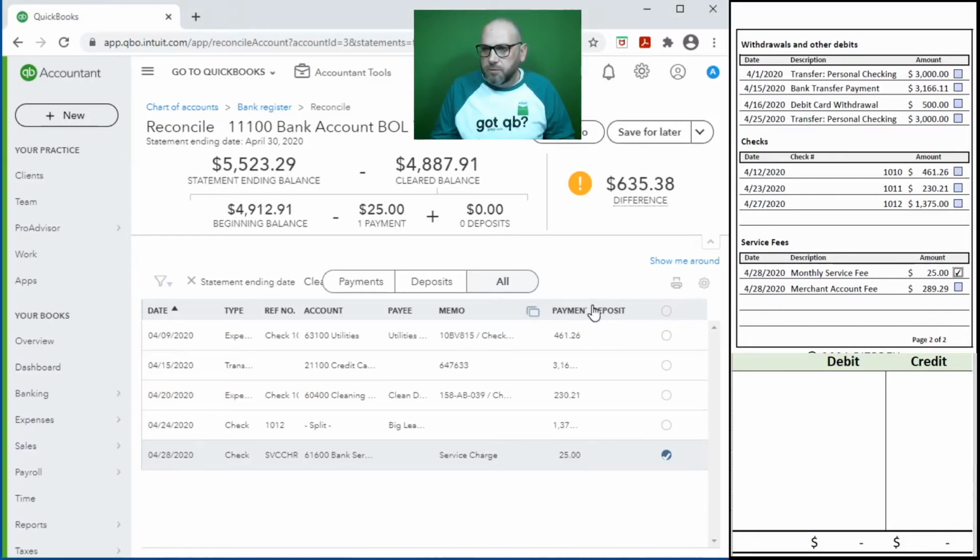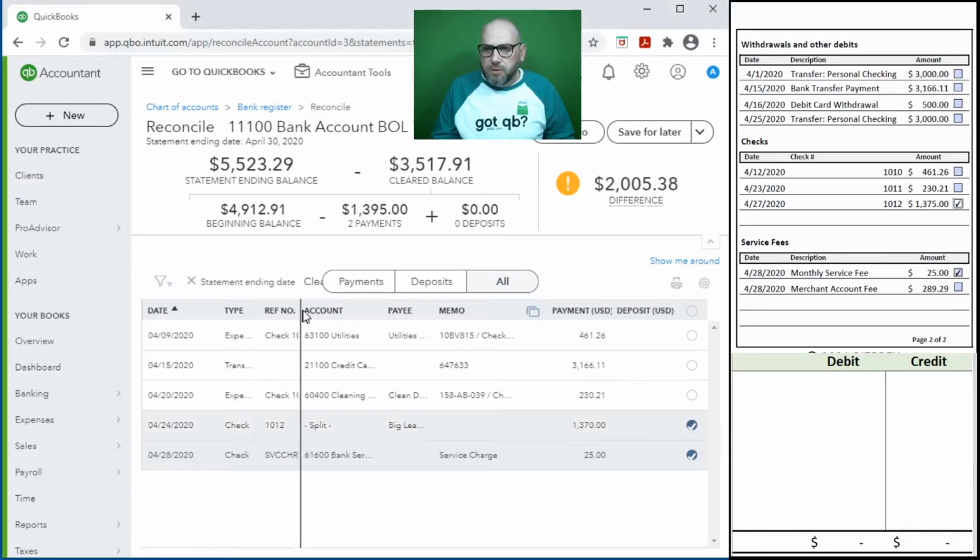Let's adjust our interfaces. So we can see that we have our checks, and we can identify them, at least in this instance, the split one.